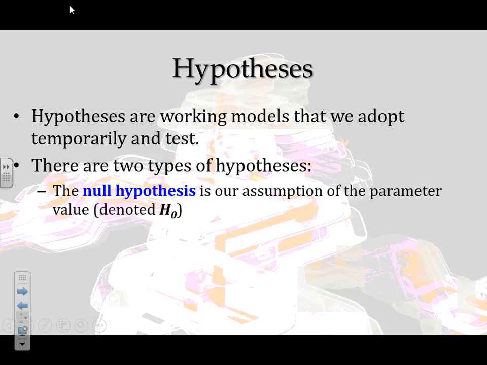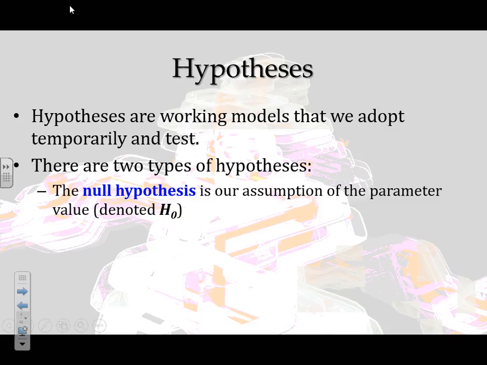The notation is also extremely important. When you write the null hypothesis, it's written as what we say H naught. That's just H with a zero subscript, the H sub 0. So H0 is going to denote the null hypothesis.